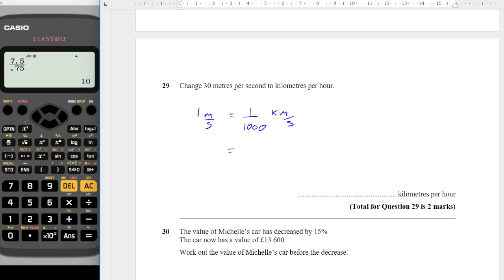And then if I want to convert seconds into hours, I would need to times by 60 times by 60. So 1 times by 60 times by 60 divided by 1,000. That's going to be equal to 6 times 6 is 36, and then the zeros divided by 1,000.